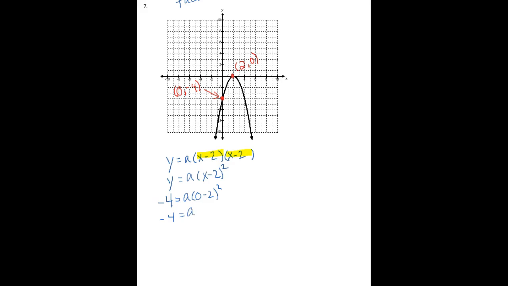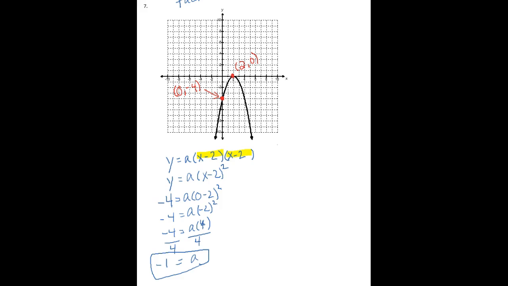Zero subtract 2 is negative 2. Negative 2 squared is 4. And to isolate for a, we would divide both sides by 4. A equals negative 1. And we would expect a negative a value because the graph is pointing down.